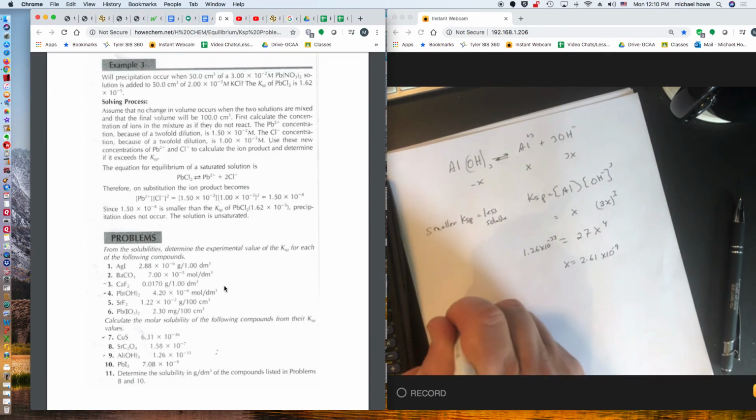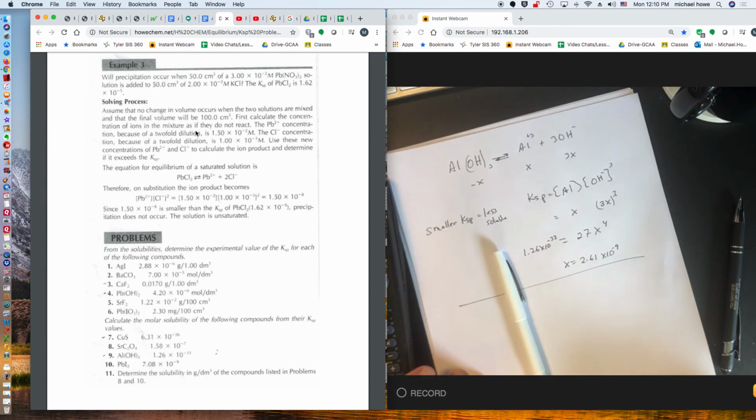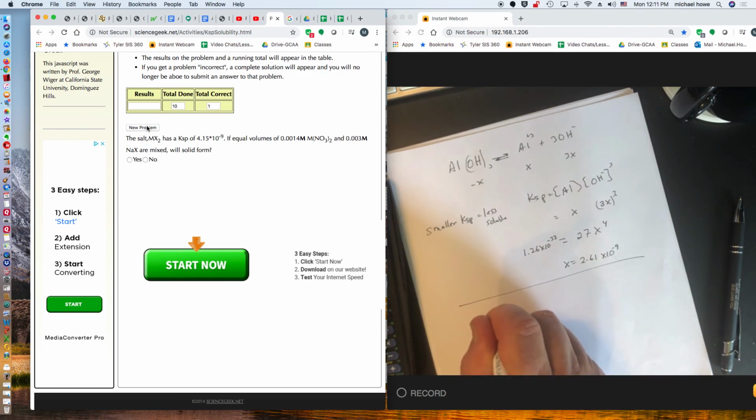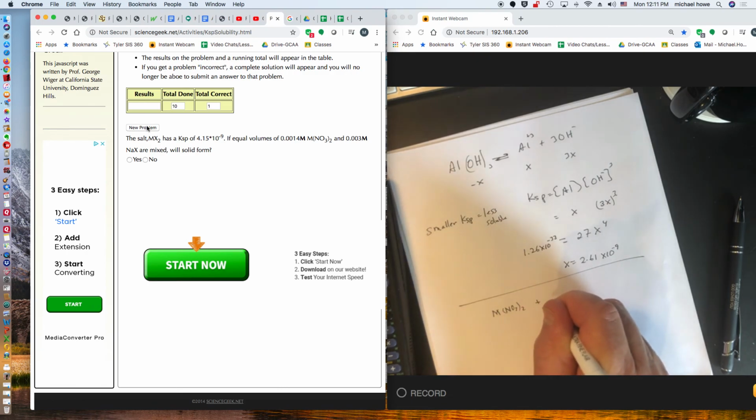All right. Last kind of problem with this, will there be a precipitate? There's an example here explained. I'm going to use a different site for that and just work through one of these problems. We'll just pick a new problem here. All right, so you've got some salt MX2, and you're making the MX2 by doing M(NO3)2 plus NaX.